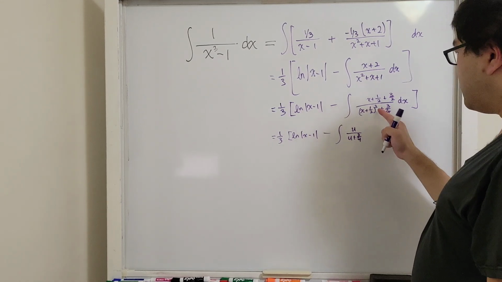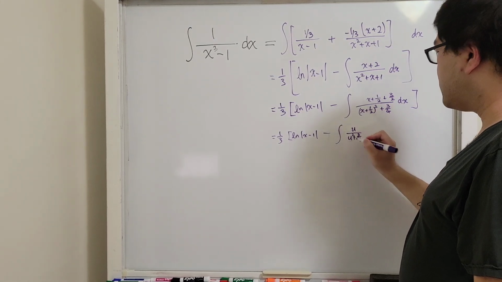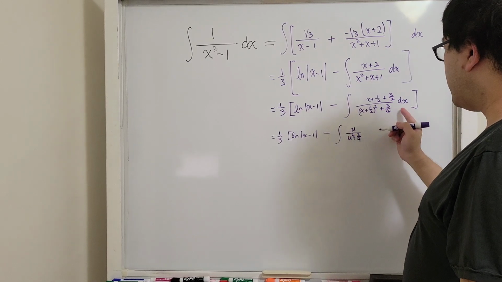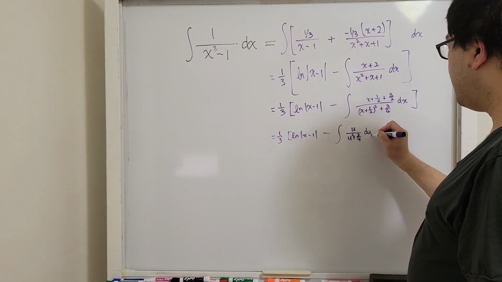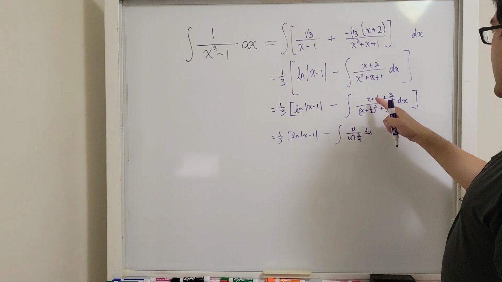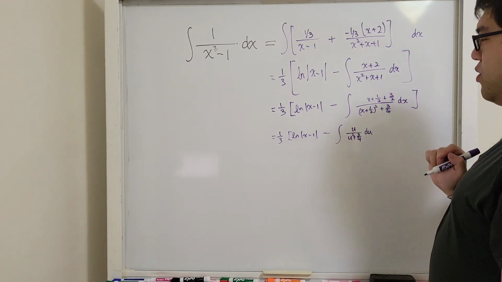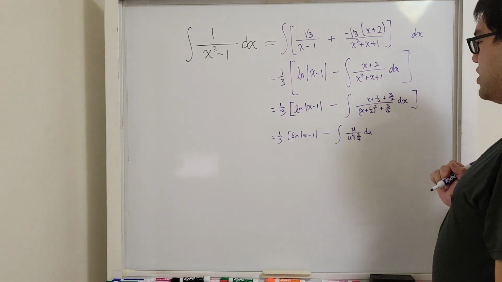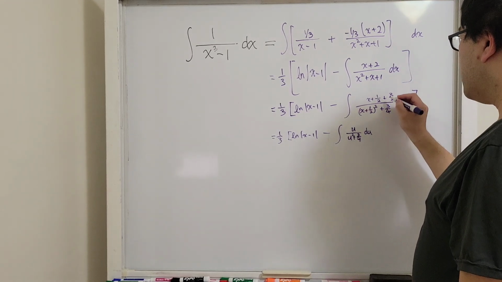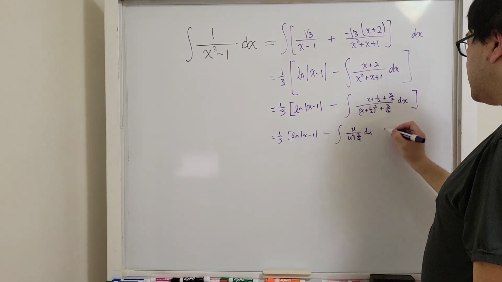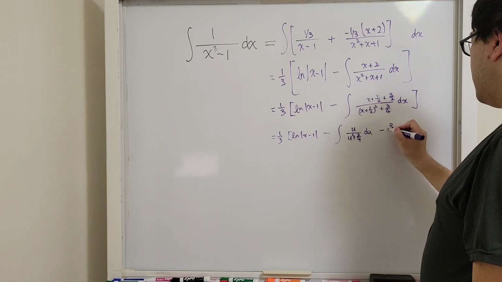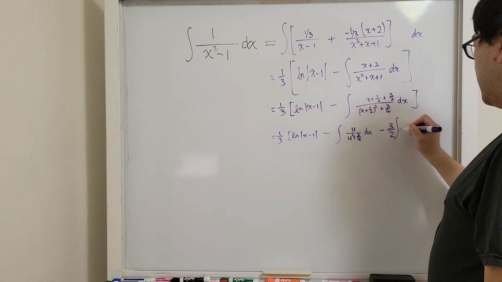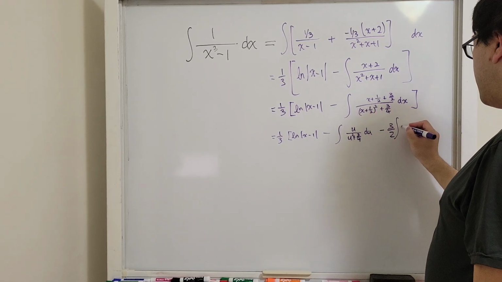Am I correct? No. We have a 2 here, so don't forget the square. And then we change the dx into du as we replace x plus 1/2 by u. We take the derivative on both sides, and we get dx equal to du. Then we have the other part, which is the constant 3/2 times the integral of the second fraction here.